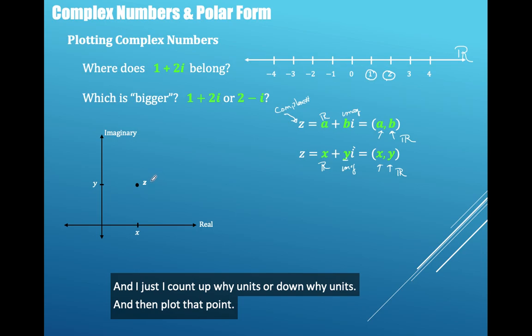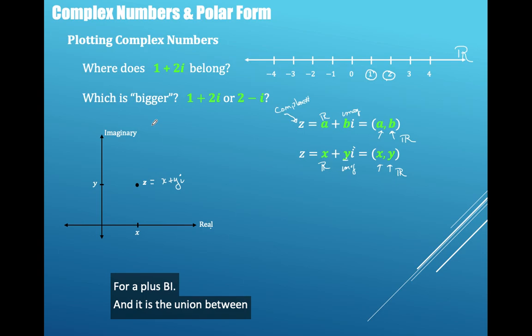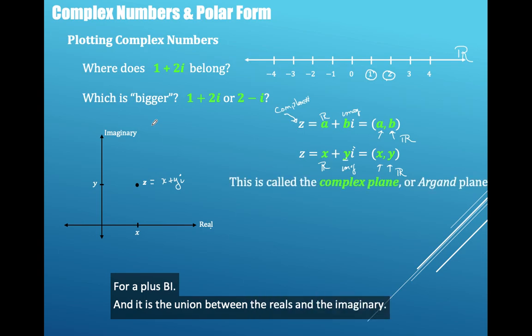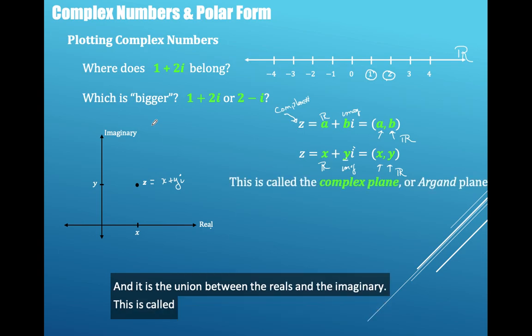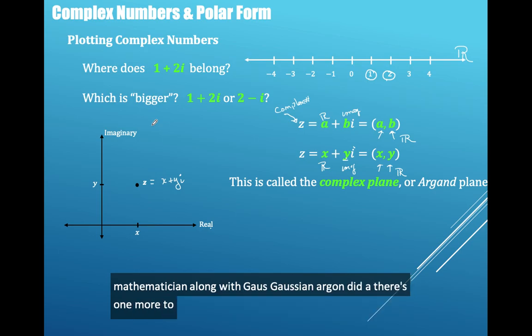This point z is x plus yi, or a plus bi, and it is the union between the reals and the imaginary. This is called the complex plane or the Argand plane, after the mathematician Argand, along with Gauss. Gauss and Argand did, there's one more too, that did a lot of work with the complex plane.